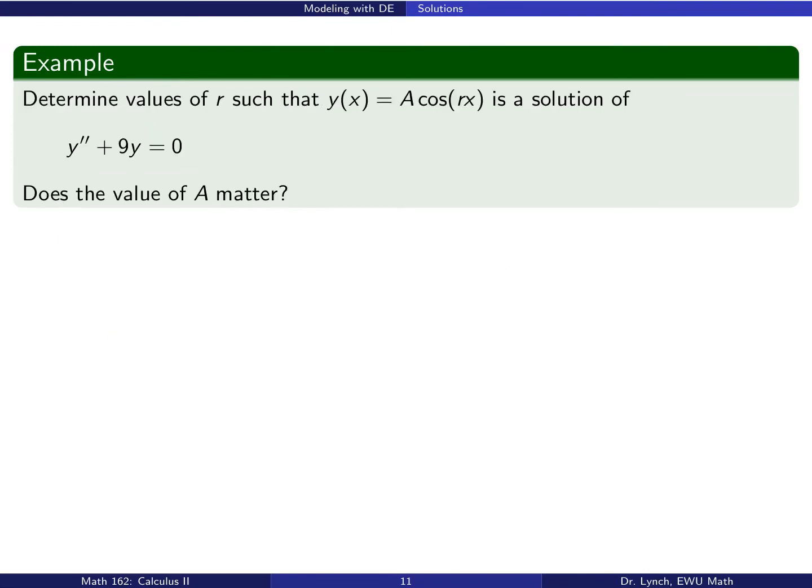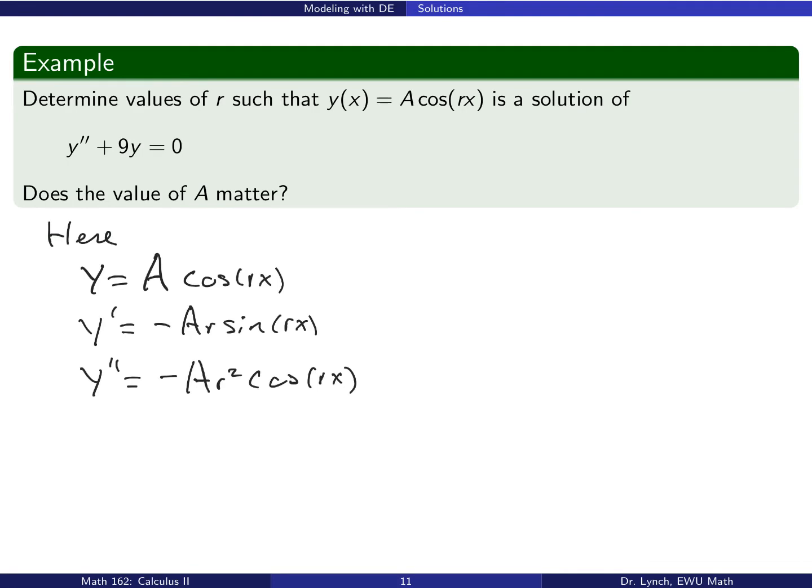Here's another one. Let's find values of r such that cosine of rx is the solution of this differential equation. Here we have a second order equation. In general, we're not dealing with second order equations, but it'll still illustrate the point of plugging things in. Okay, so in order to plug in y of x to this differential equation, we need the second derivative.